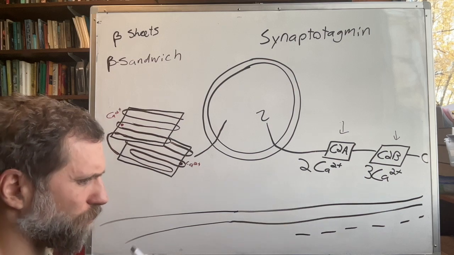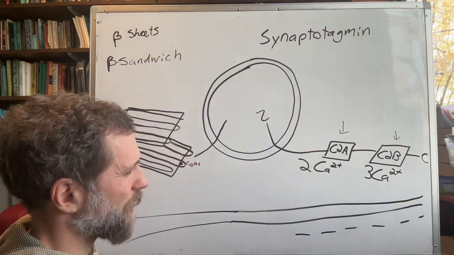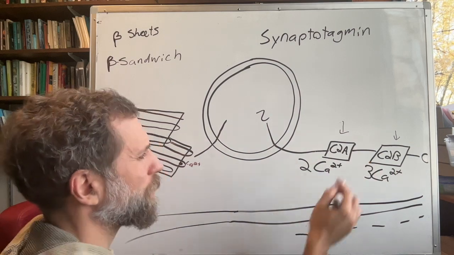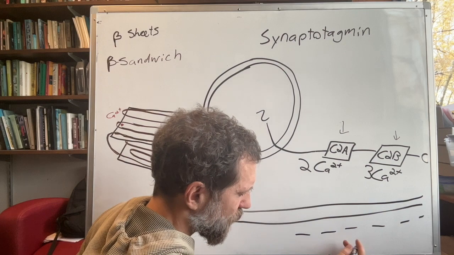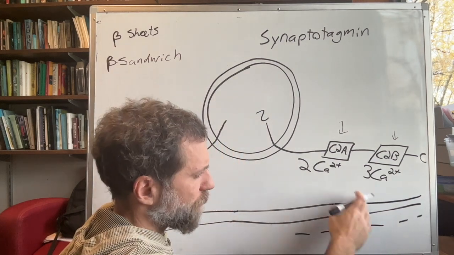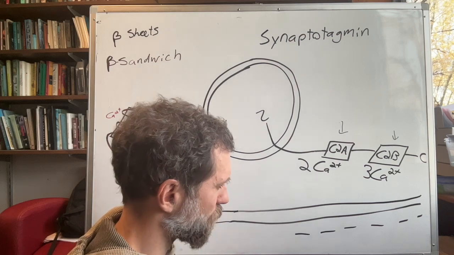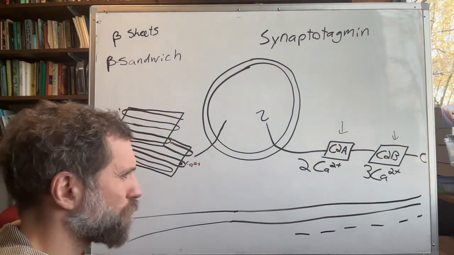There could be 3, 4, 5, a lot more. And it's the same thing for synaptotagmin, but for each synaptotagmin, a +10 charge, it's going to be drawn electrostatically to the relative negative charge of the extracellular space. So there is this electrostatic draw.